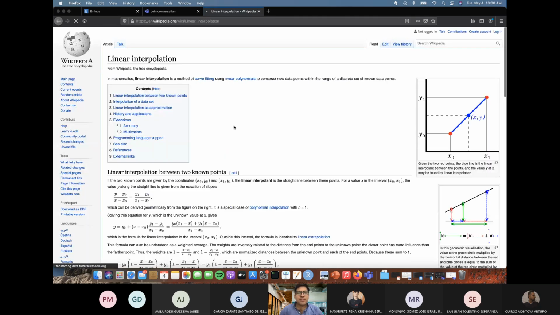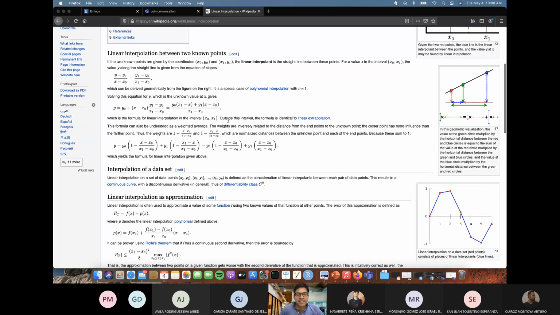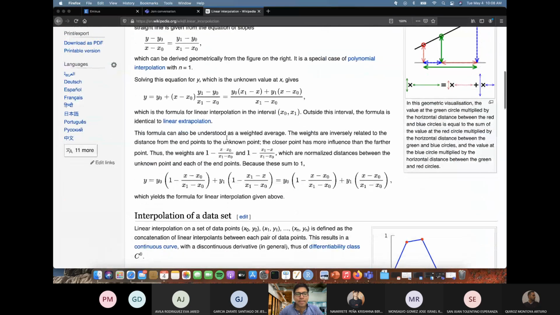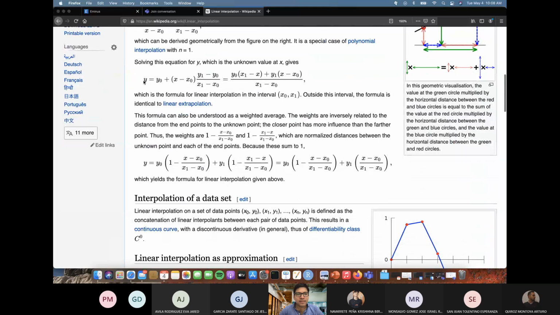So, for example, we have the linear interpolation. It's this formula that you have here. The formula is y equal to y0 plus x minus x0 times the slope, which is y1 minus y0 divided by x1 minus x0.